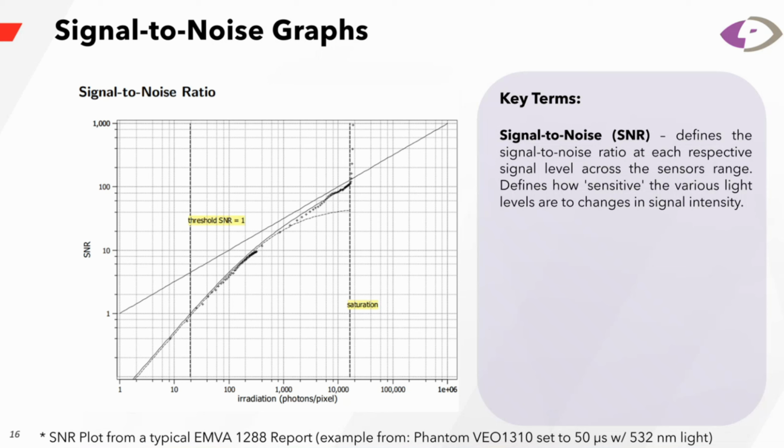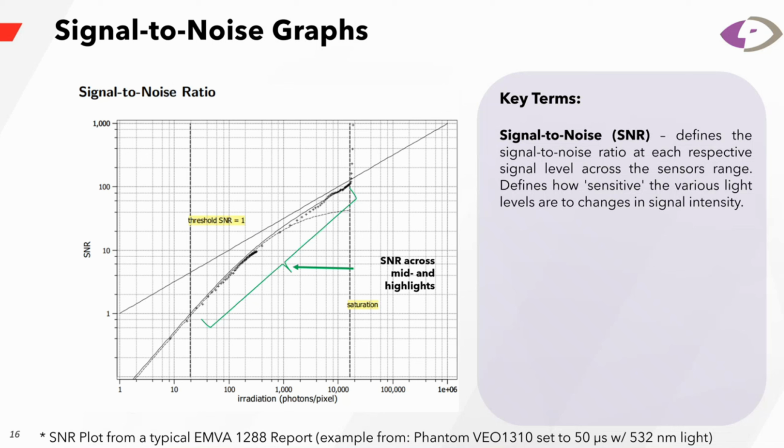So the signal to noise ratio curves just simply give you the SNR at each respective signal level across the sensor's range. It also defines, in a sense, how sensitive all the various light levels are to changes in signal intensity. So if you have a very fine detail in your shot that exists in between gray levels, it is this term, this specification, that'll help you to determine if you're actually going to see it or not.